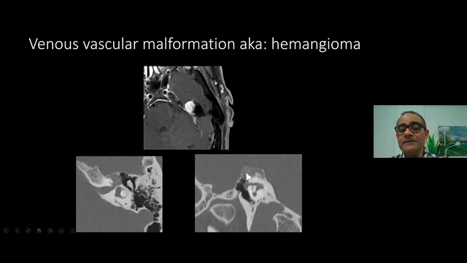But because of this permeative appearance, this pattern of erosion of the bone here, and the strong enhancement, a diagnosis of hemangioma can be made easily. So again, how did I reach that? Because of the anatomy. I know this is the genicular ganglion, and it's easy. When I see an osteolytic lesion here, I know that the diagnosis is facial nerve, either hemangioma or schwannoma.